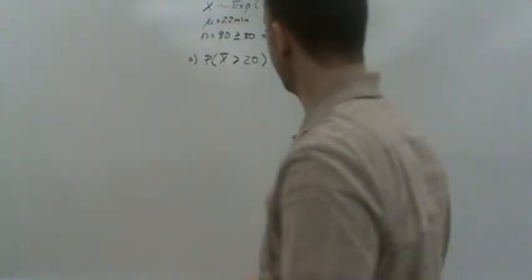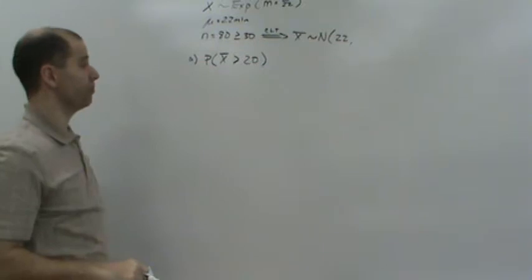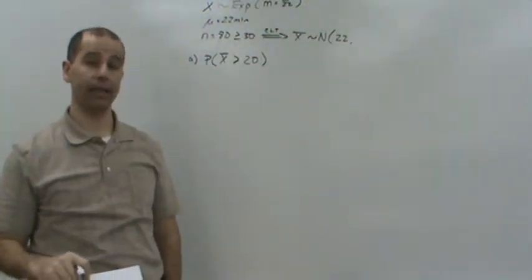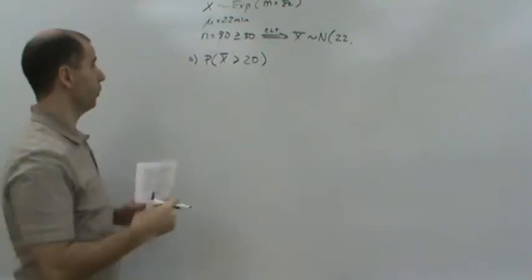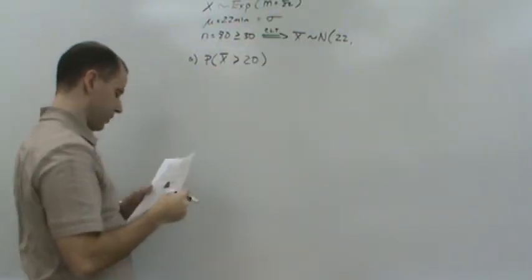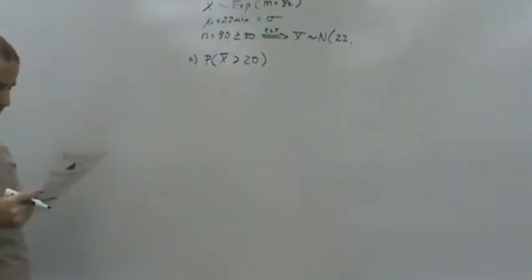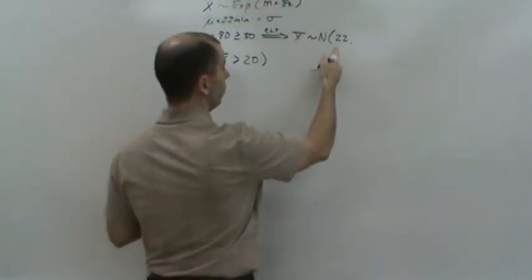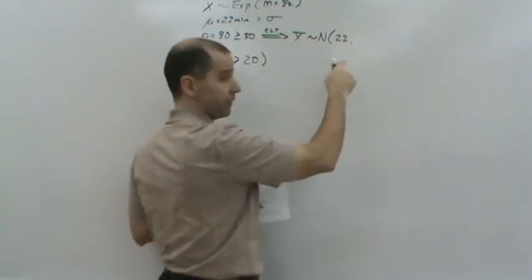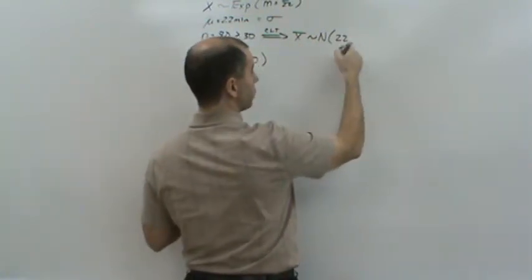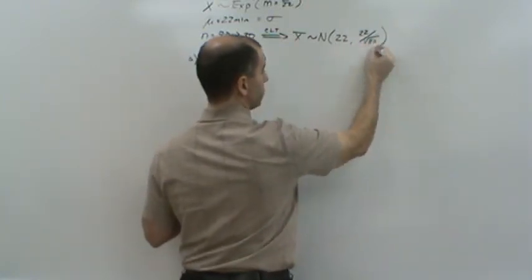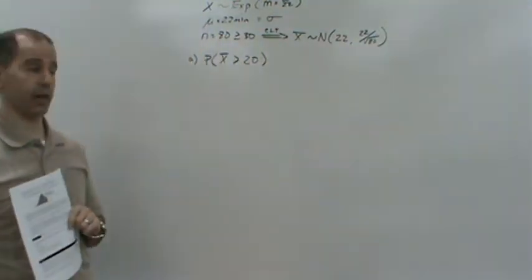If you recall, for exponential distributions the mean and the standard deviation are equal. They're always equal. So sigma is also equal to 22. The mean of X bar has to be the same, but the standard deviation of X bar is sigma divided by the square root of n, so 22 divided by the square root of 80. And so here's our normal distribution for X bar.